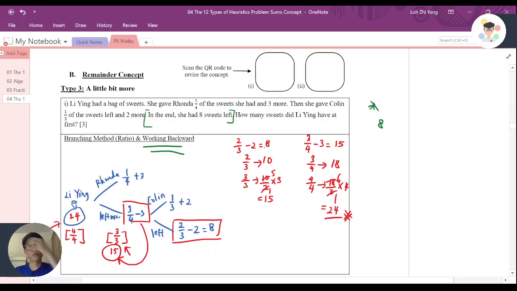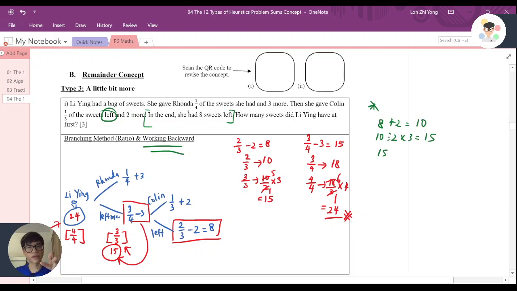So I need to add 2 more back to my side to become 10. Then I will be 2/3 of it. To know how many in total in 3 units, I will use 10 because I'm 2/3, right? So I need to divide by 2, times 3. Then it's equal to 15. And that will be actually what is left. Again, now we have 15.